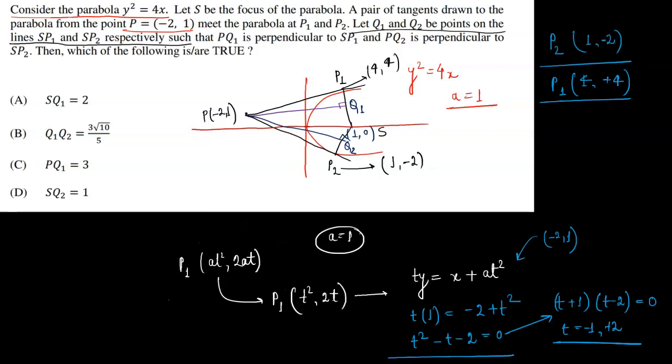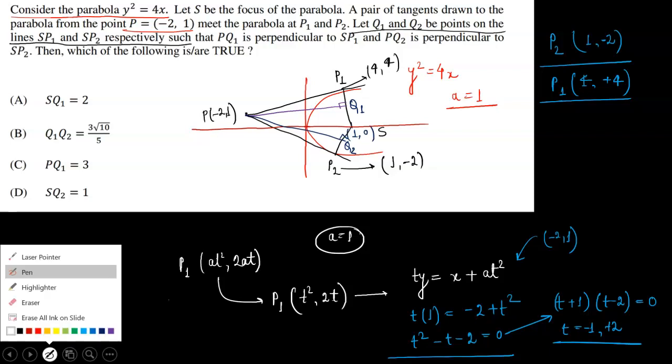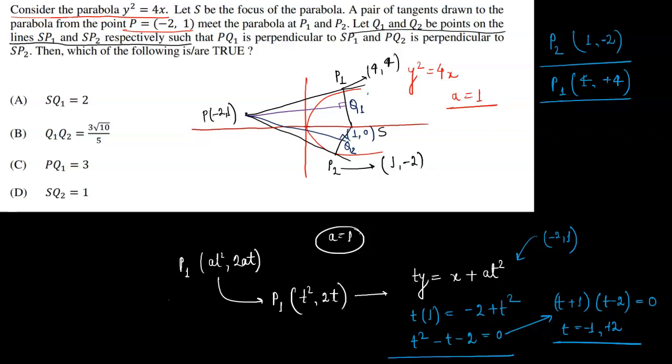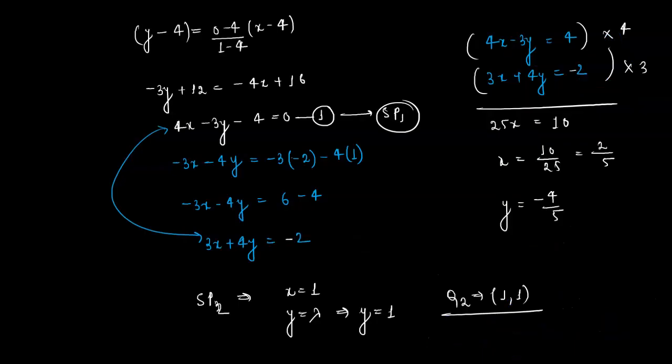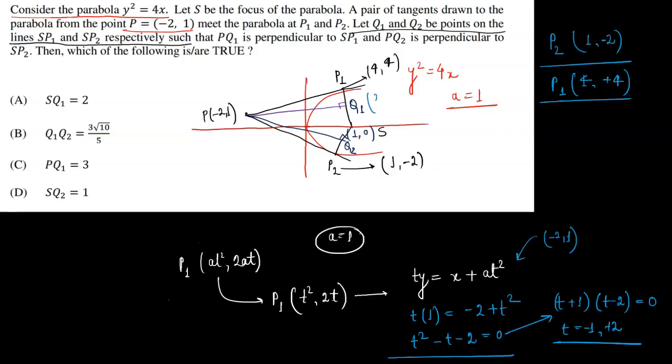Fine. So you can see here Q1 is 2 by 5 comma minus 4 by 5, and Q2 is 1 comma 1.